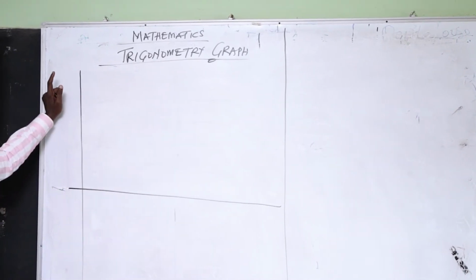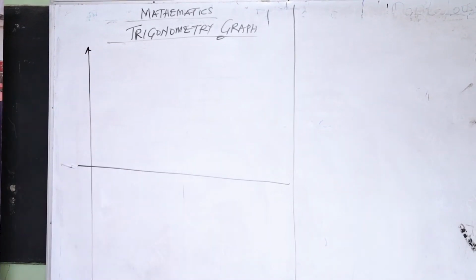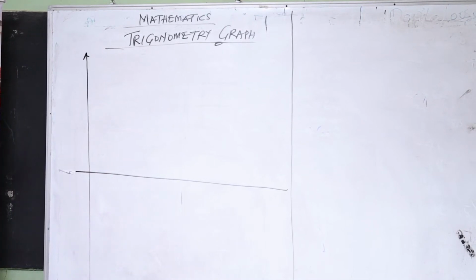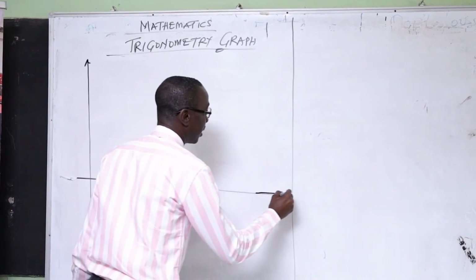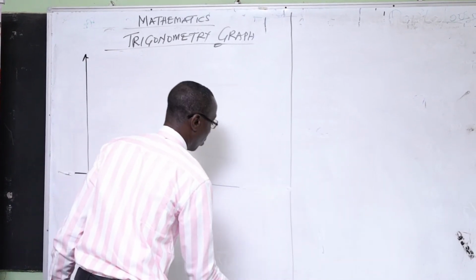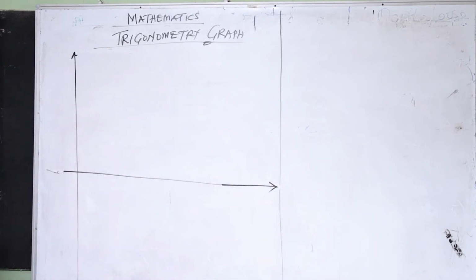Before you are placing your x-axis, you should have checked the maximum value of y, as I said when we were dealing with quadratic graph, so that you can know where to place your x-axis correctly. You will not be redoing it many times, so that you will not waste your precious time. What's the maximum value of y? 5.